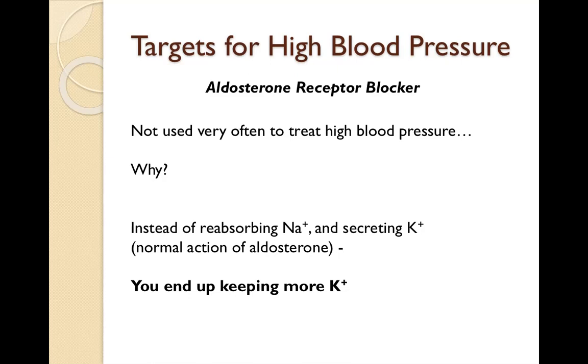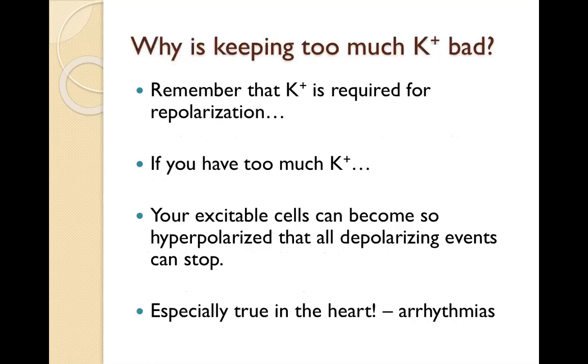You can go up or down by 5 in either direction of the normal value of 140 and still be in the normal range for sodium. For potassium, it is kept within such a narrow range that a normal potassium is between 3.5 and 5 milliequivalents. There's very little wiggle room. And keeping more potassium can be really bad.